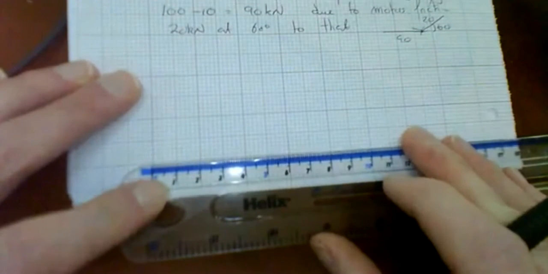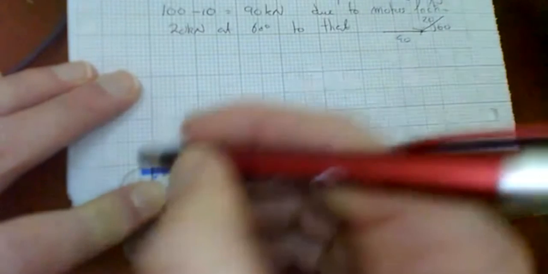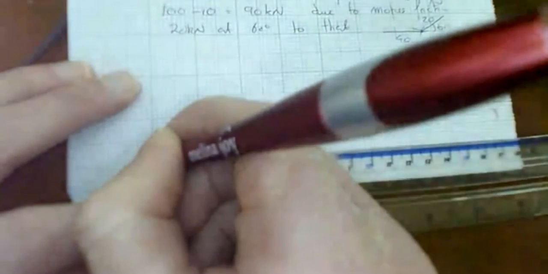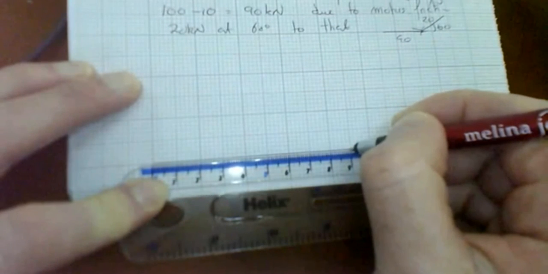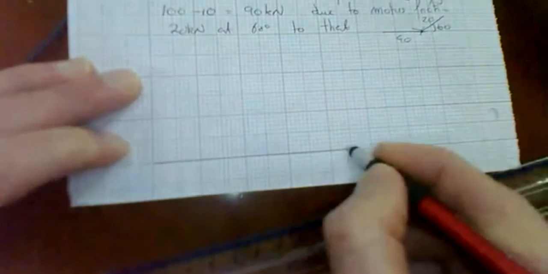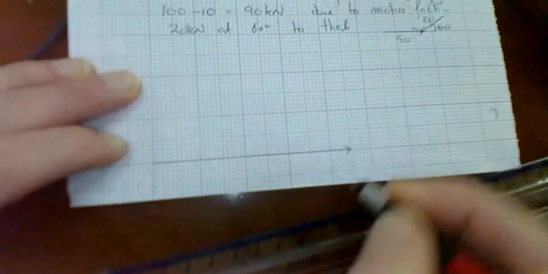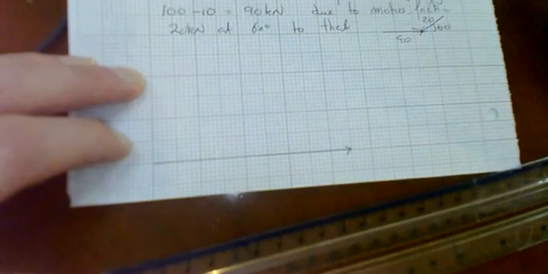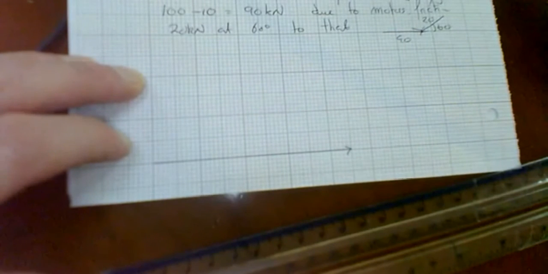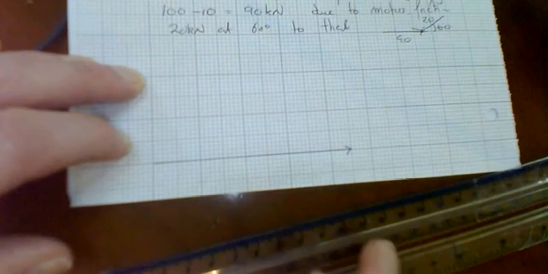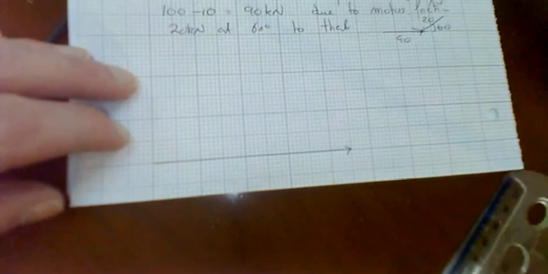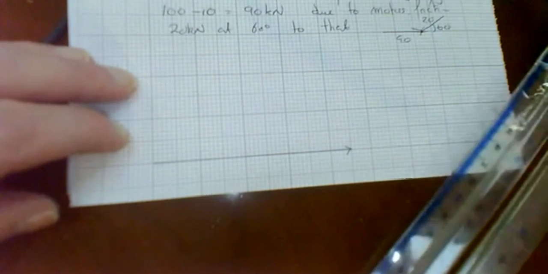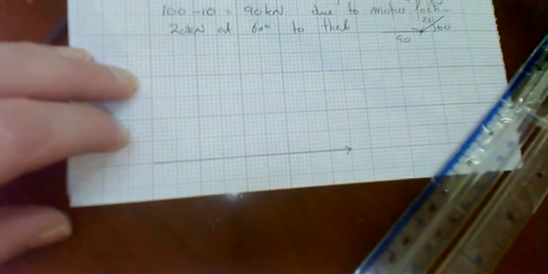So if I go 9 centimeters to there, there we have our horizontal force. And we also have a downwards force.